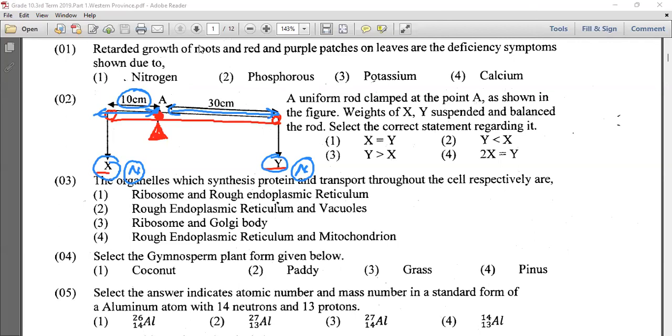Then they ask, select the correct statement regarding X and Y.